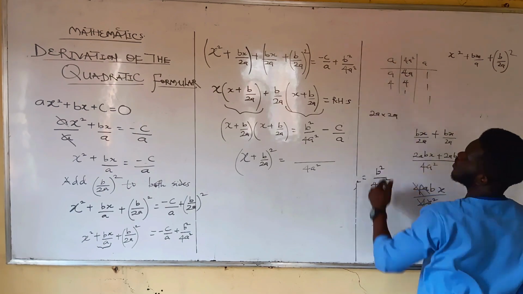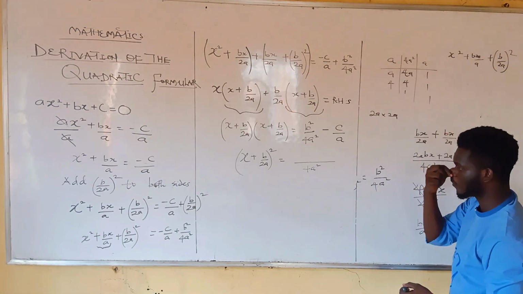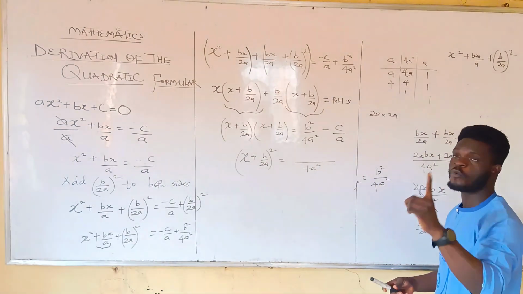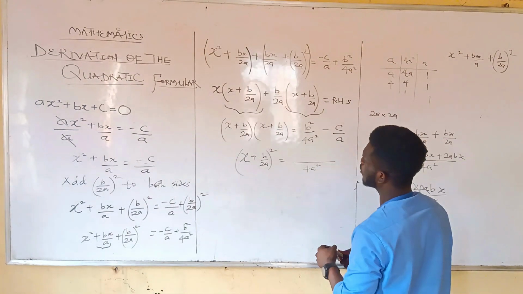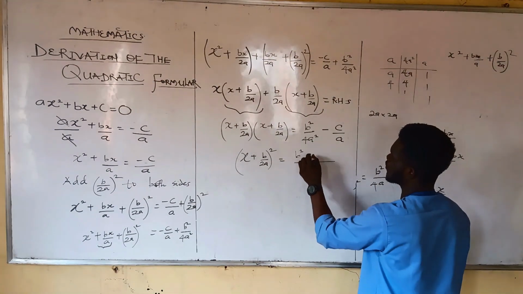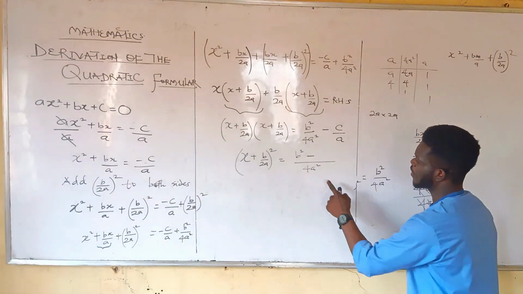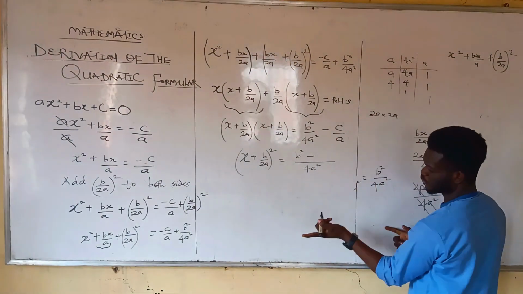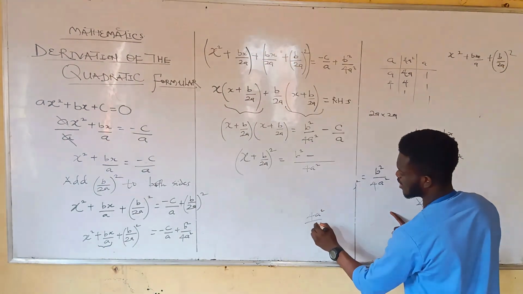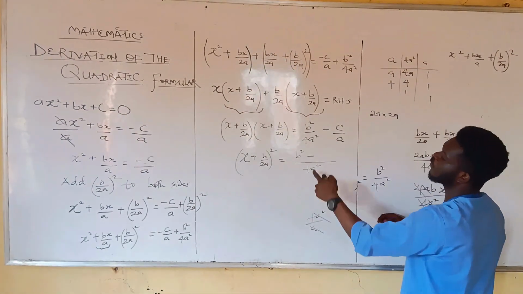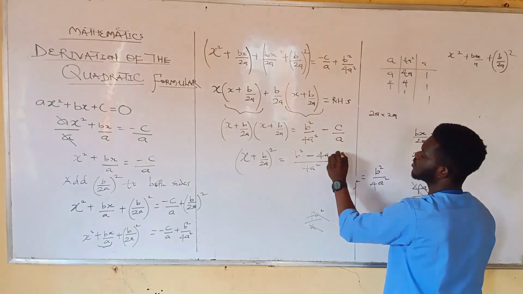So if you multiply this one now, you have 4 times a times a, which is 4a squared. Now 4a squared divided by 4 squared, we have 1. 1 times b squared, we have b squared minus 4a squared divided by a, we have 4a. Now 4a, okay, let me show you that. 4a squared divided by a, cancel a, so left with 1a, so that's the 4a. So 4a times c, we have 4ac.